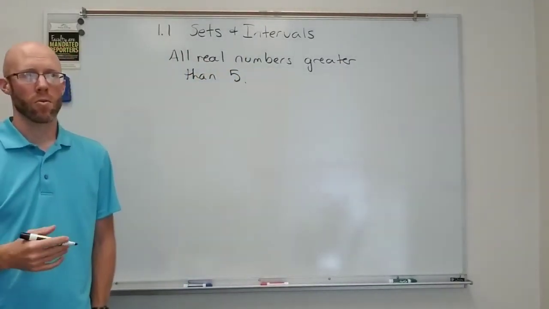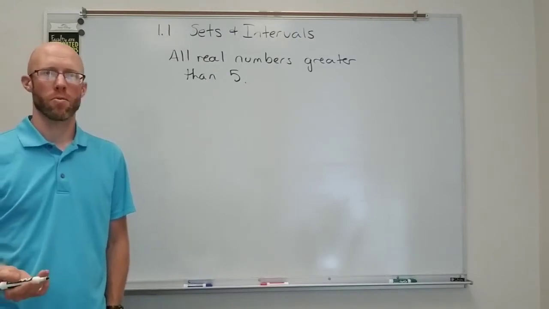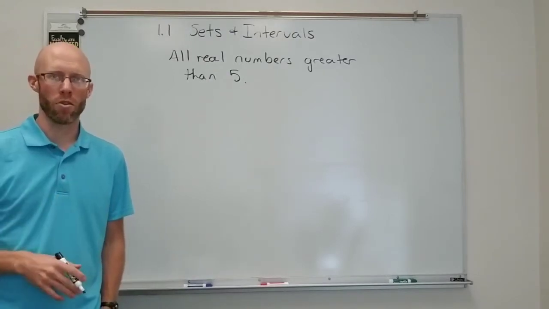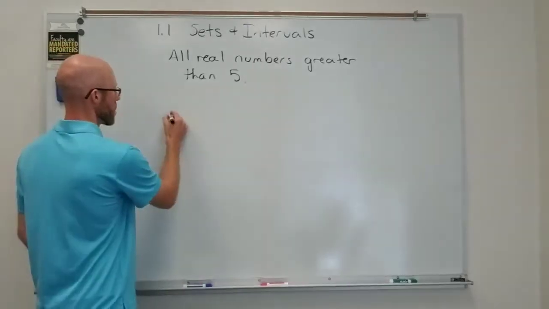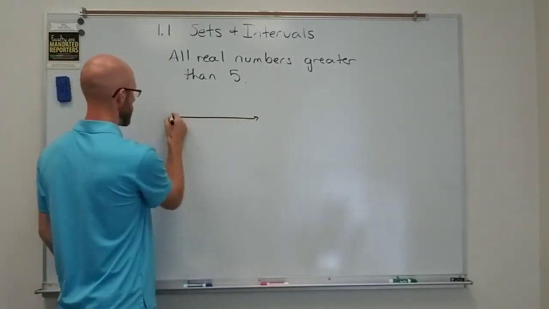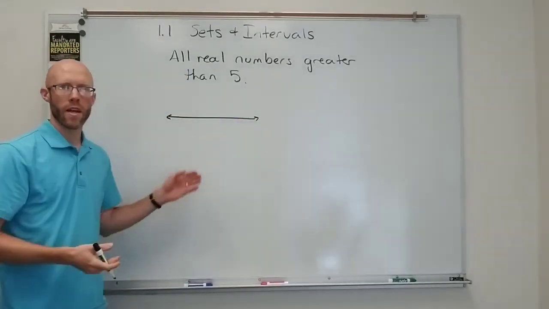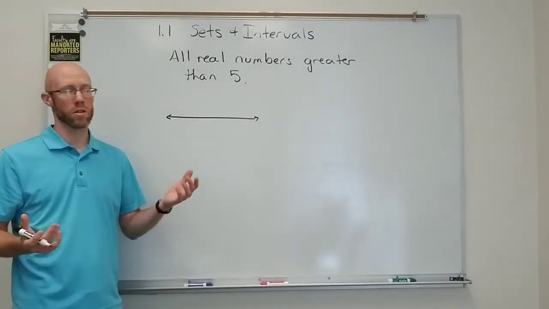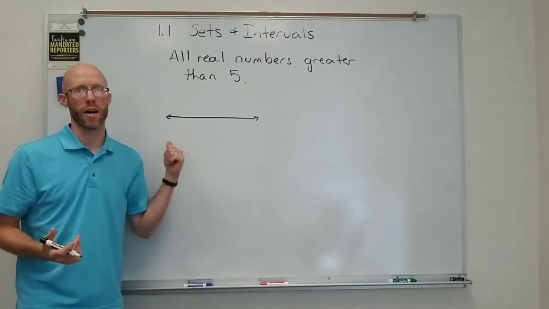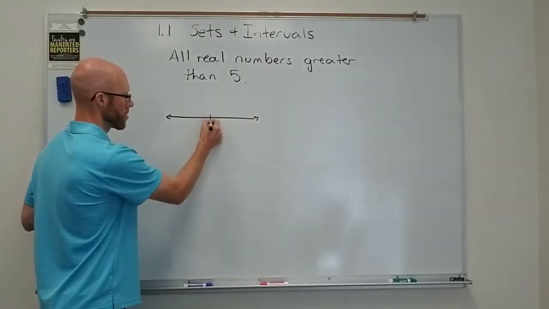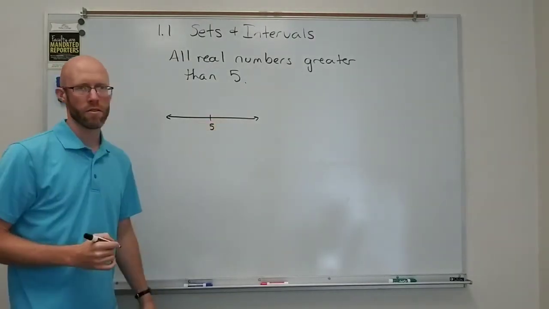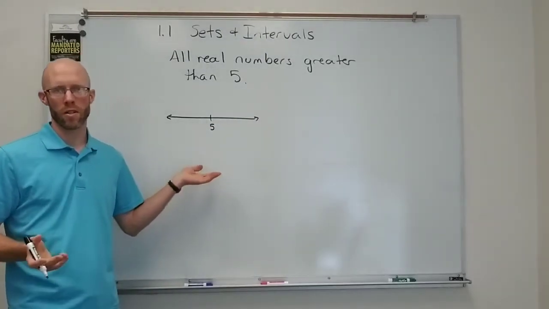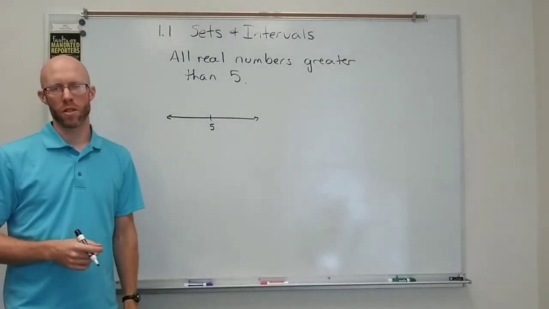Well, on a number line, we can represent that pretty quickly. We shade in all the numbers that are greater than 5. And so here's my number line. Every point on the line represents a number, and every number, all real numbers, are represented by some point on this line. Somewhere along the line, there's the number 5. Now it could be anywhere on the line. I'm just choosing to put it roughly toward the center.